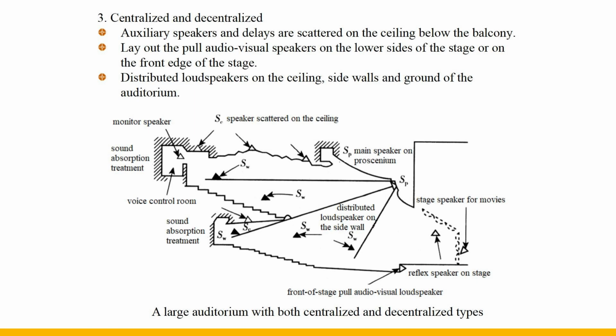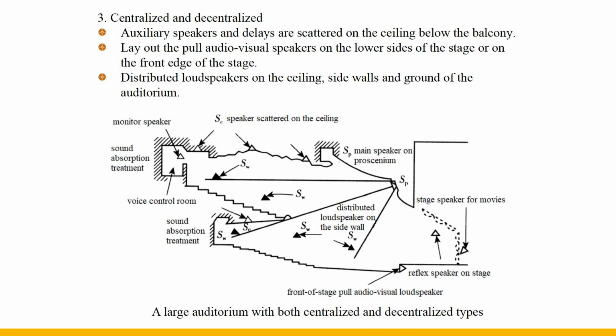This diagram shows the arrangement of loudspeakers, both concentrated and distributed. Auxiliary speakers and delays are scattered on the ceiling below the balcony to ensure volume and direct sound. Due to the high position of the speakers on the upper part of the proscenium, the audience close to the stage will feel like the sound comes from the top of the head, and the sense of direction becomes poor.